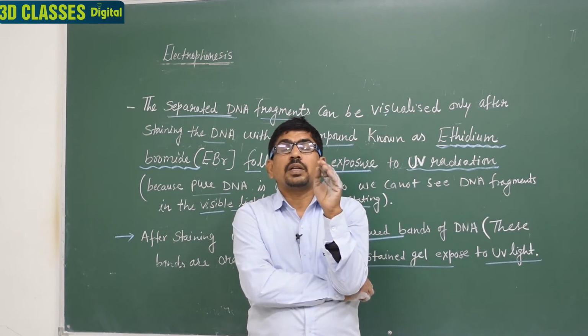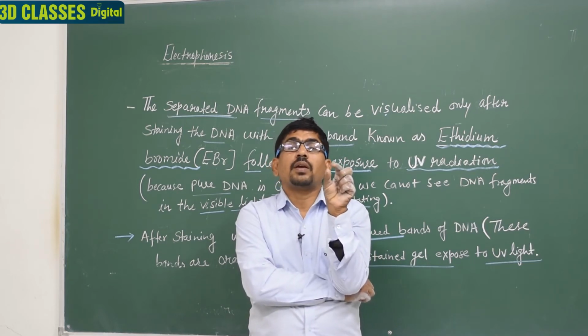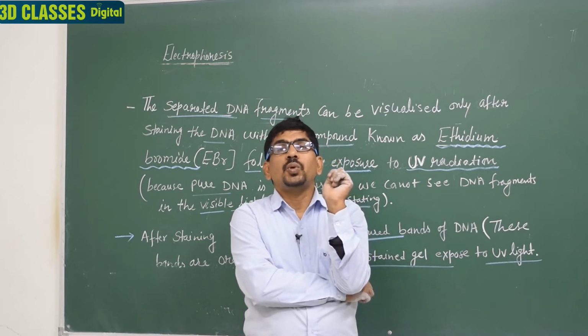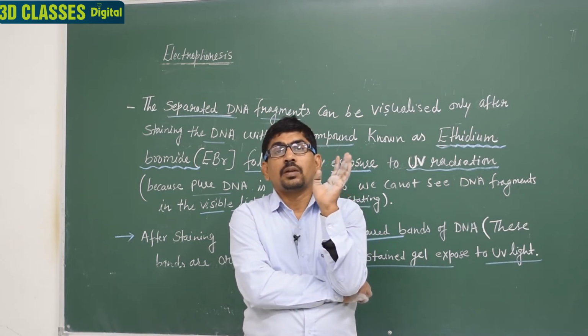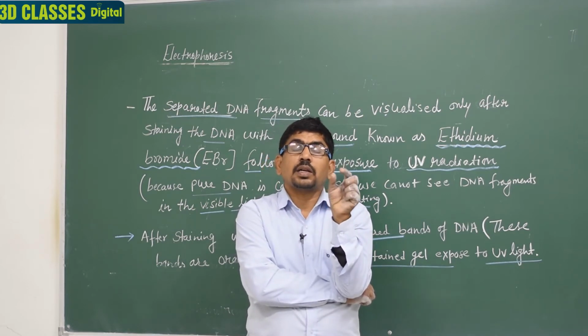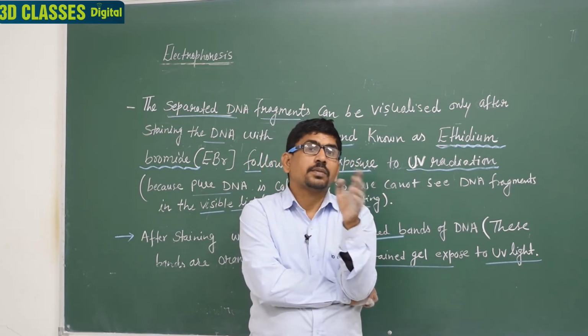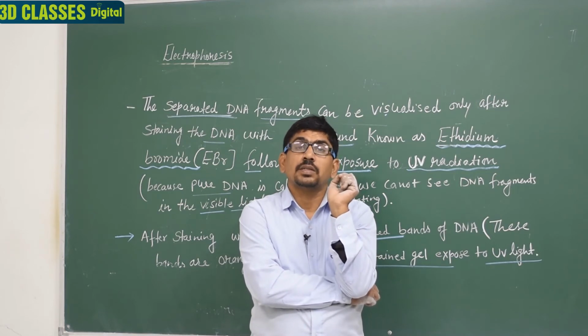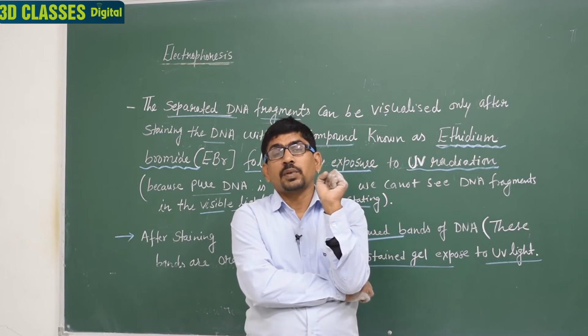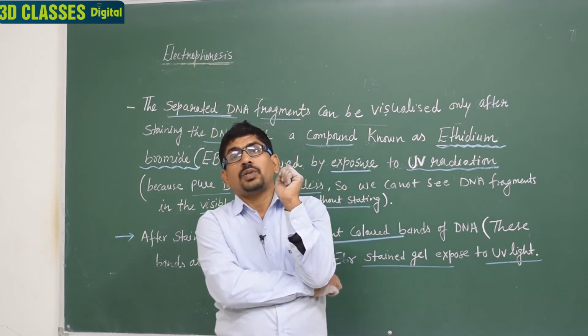The cutting of the desired DNA band from the gel is known as elution. In this process, we cut the desired DNA band from the gel and extract the DNA from the gel, which is known as the elution process.